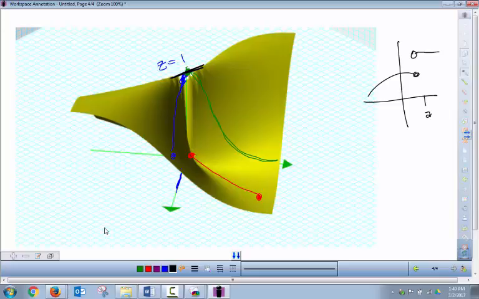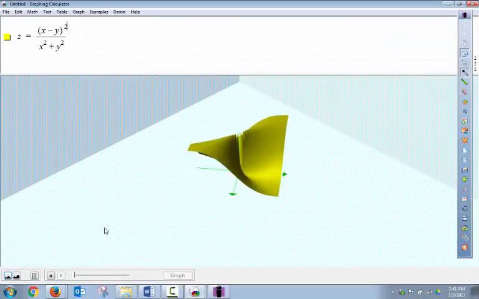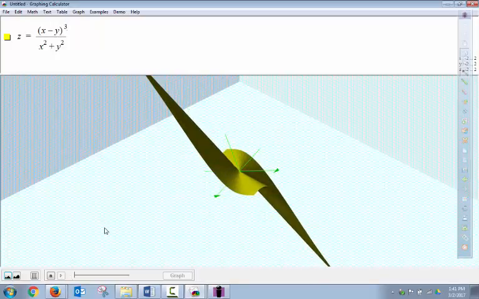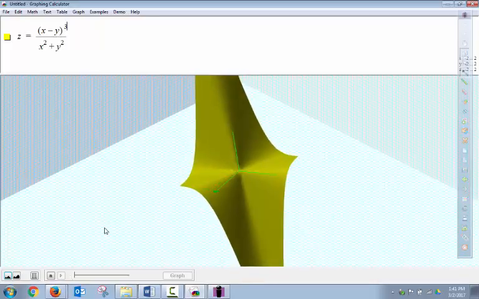Now there's a couple of other examples that I was looking at, like the one to the third power. Let's take a look at the graph of that. So this thing, if I look at it carefully, there's a little kink there, right?